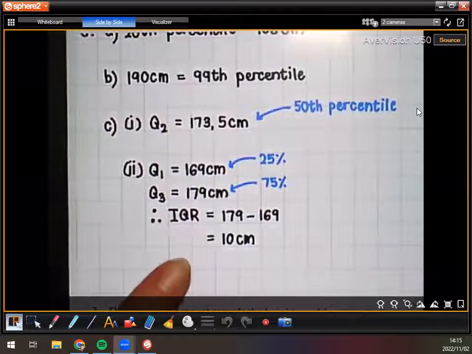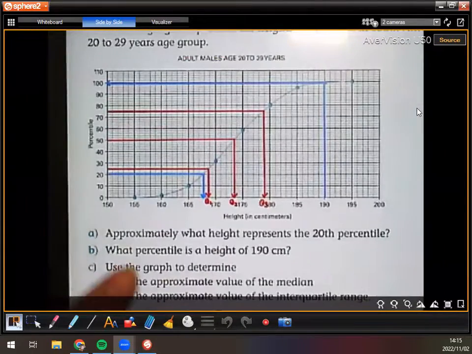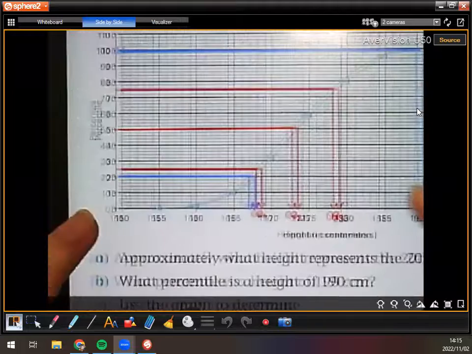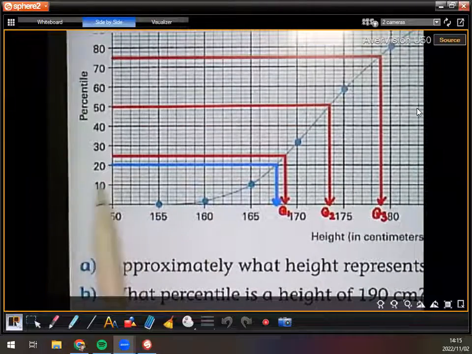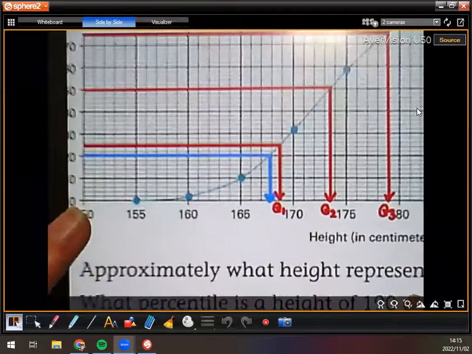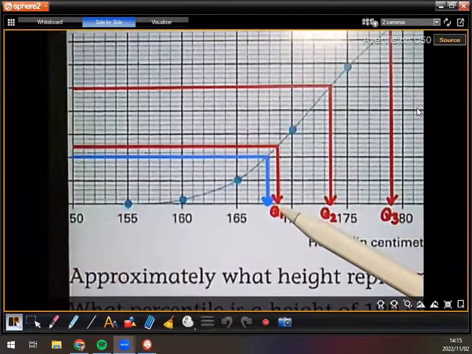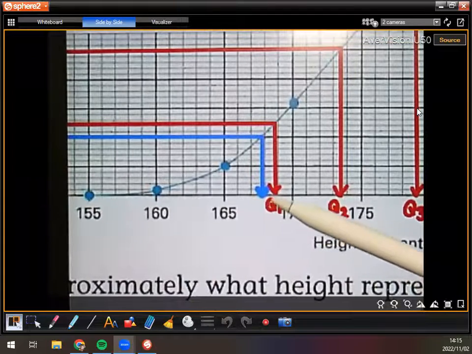All right, let's take a look. See if you agree with my values. So I went to 25 for Q1. All the way across, and then that looks like 169. It's actually just before, but I'm not going to do a 0.8 or 0.9. I think it's fine to just say 169.